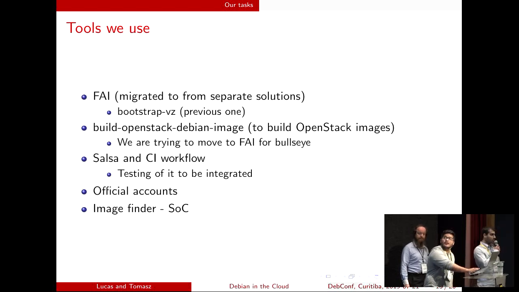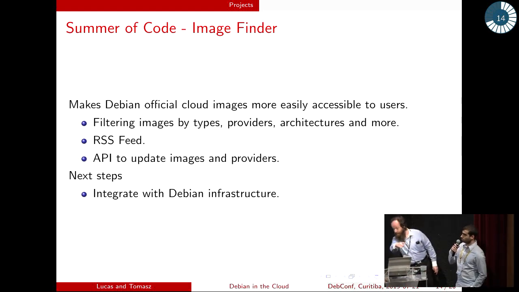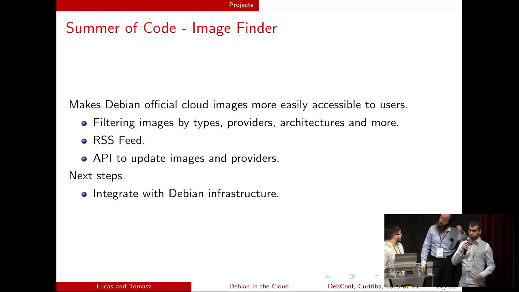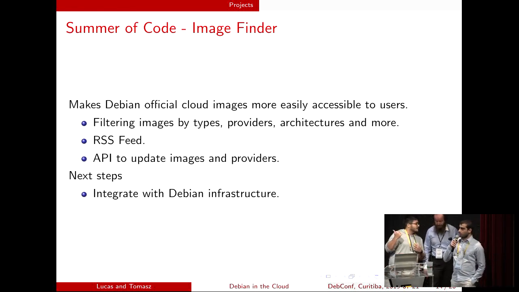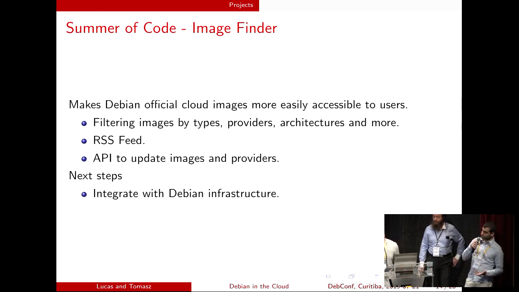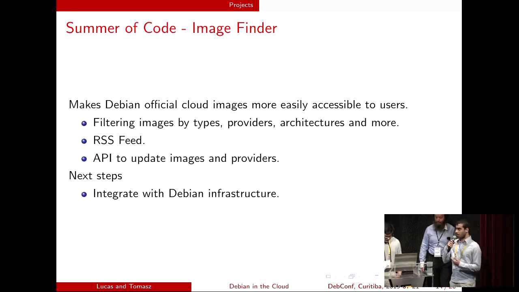Yeah. Hello, everyone. My name is Arthur. I will show more about the image finder we've been developing for the cloud and for all users. The image finder will have filters so that you can search for Debian images by type, provider, and architecture. We also have an RSS feed where you can look for new images, and an API with which you can update images and providers.